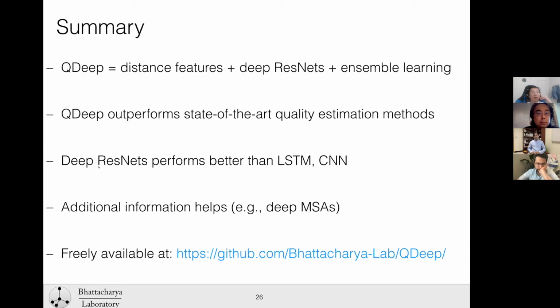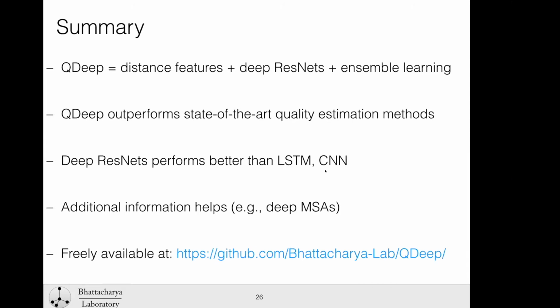And deep ResNet turns out to outperform the other deep neural networks such as LSTM and CNN. But it might be an interesting direction to study further by trying out some of the models that are getting popular in language models, such as BERT and things like that, and see whether they can further improve the performance, which we are currently doing.